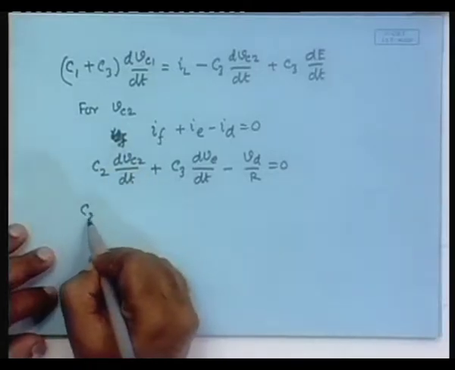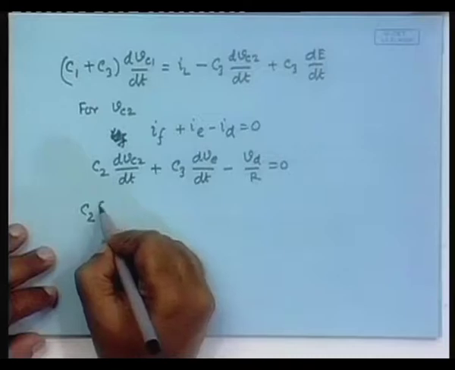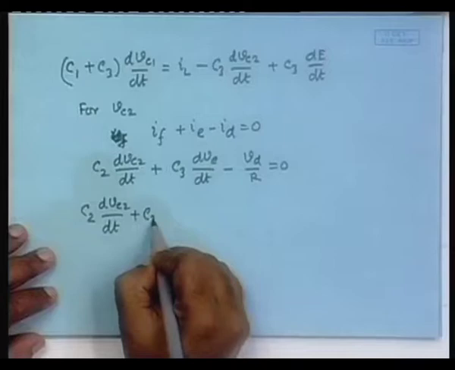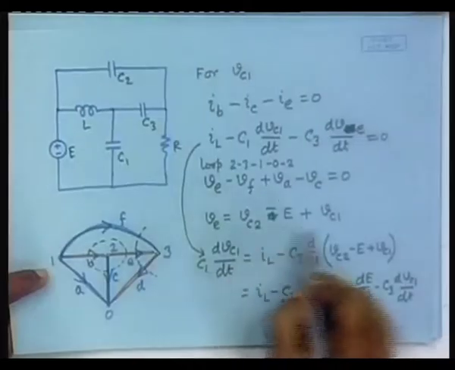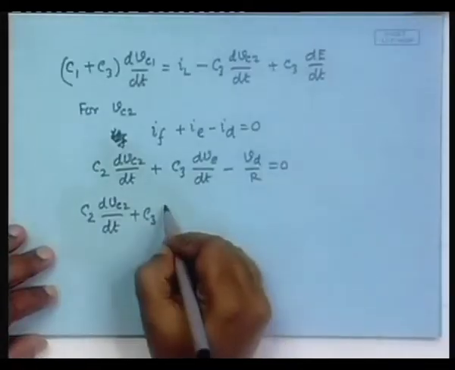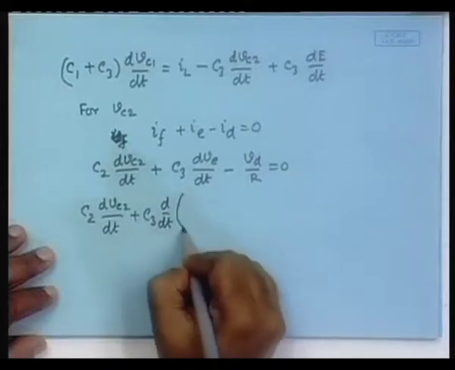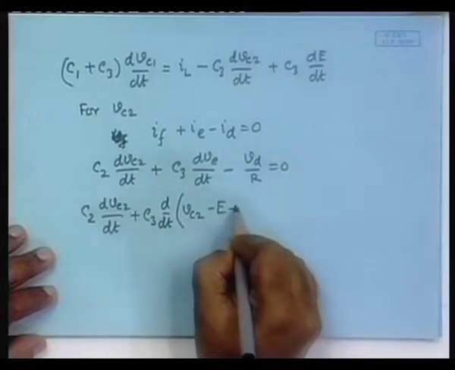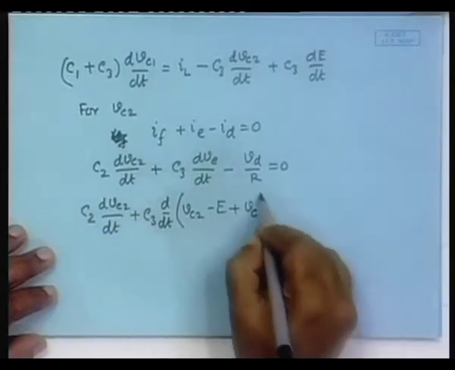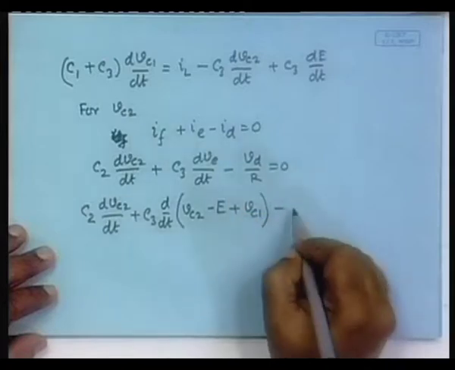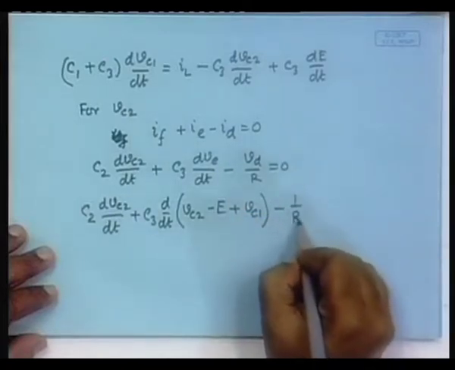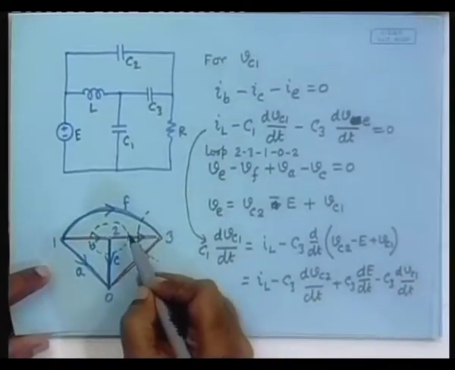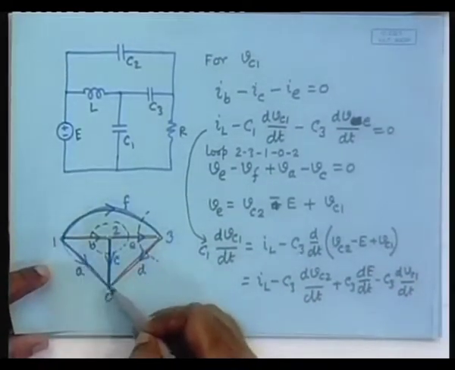So C2 dVC2/dt plus C3, we know what VE is, we will substitute it here, d/dt of this whole thing, VC2 minus E plus VC1, minus 1 by R, VD is then VA minus VF.